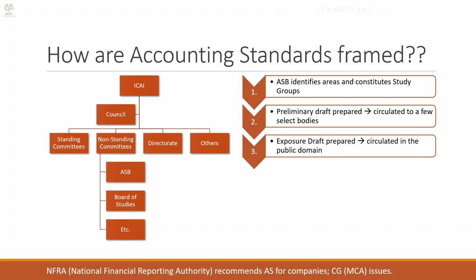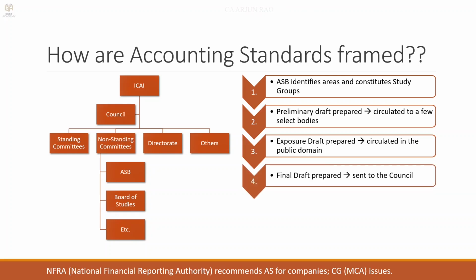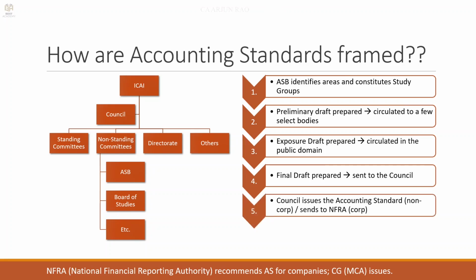So this exposure draft, after receiving comments from the select bodies, is circulated in the public domain. Even you and I can give our opinion that this particular provision needs review and so on. Then a final draft is prepared, sent to the council, and the council issues the accounting standard for non-corporates.